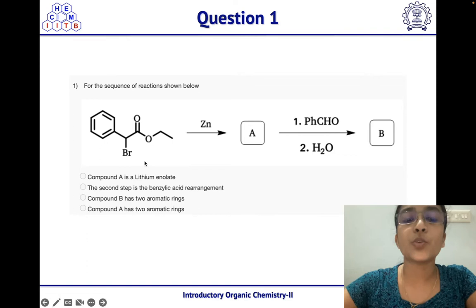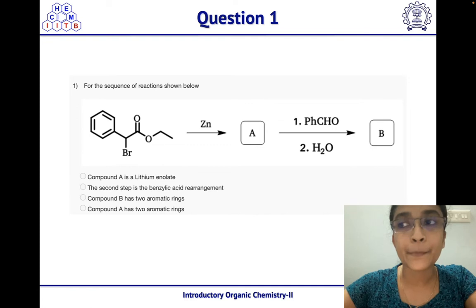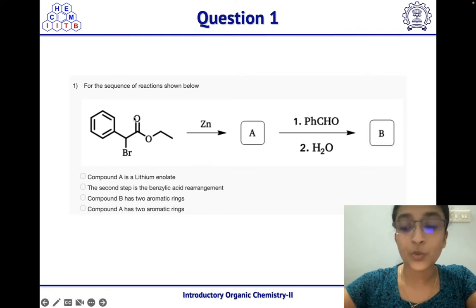Do you have any idea what name reaction is taking place here? Any idea? So this is a Reformatsky reaction, as it involves an alpha halo ester and zinc, and then condensation takes place in the presence of an aldehyde.